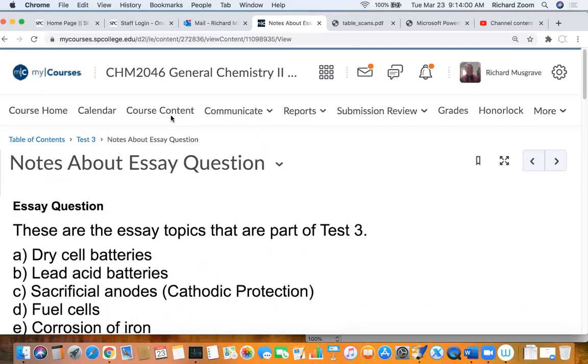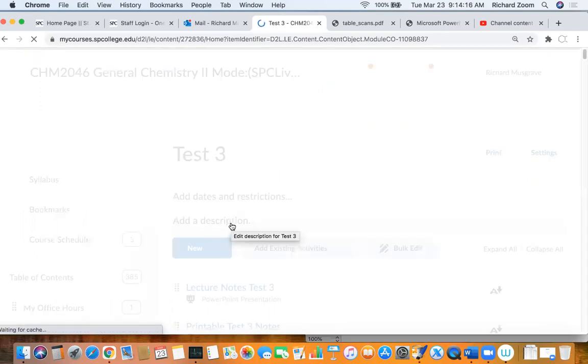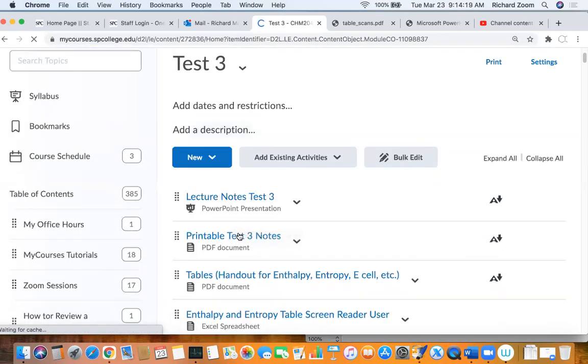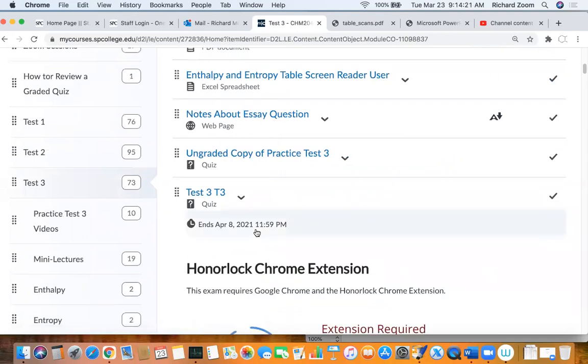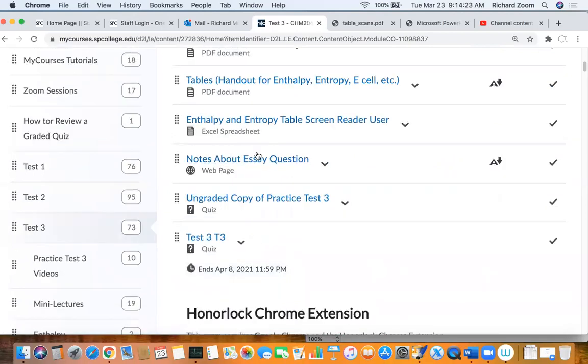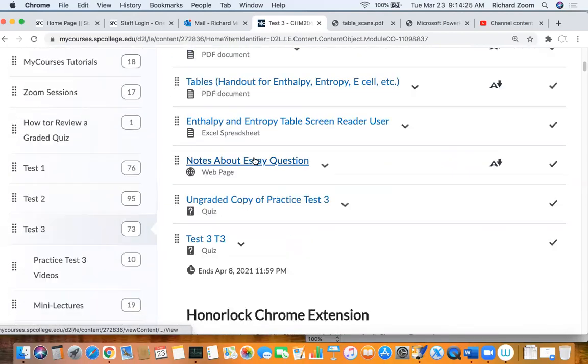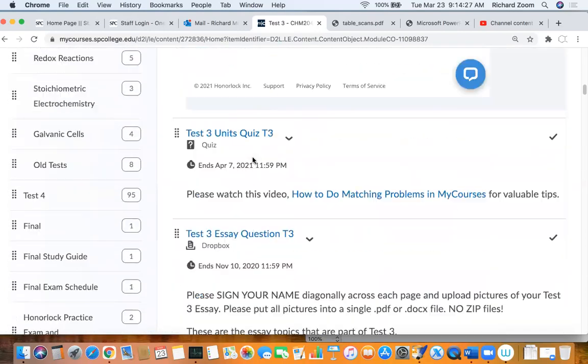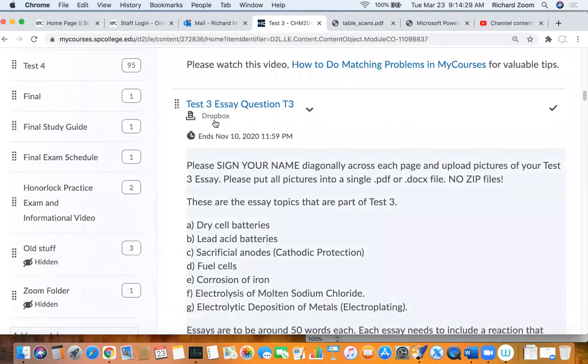Let's have a look at what I mean by the Dropbox directions here. I don't know if I've changed this yet. I might not have. Let's see, where's the Dropbox? Here it is.